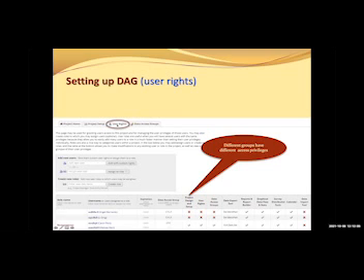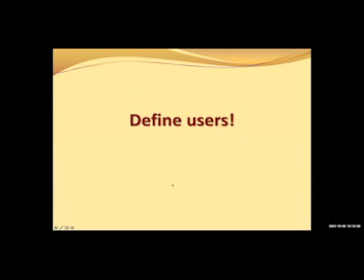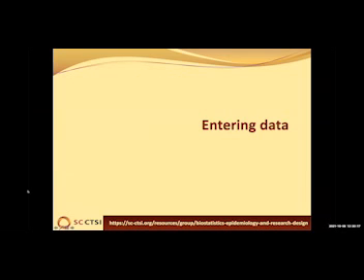When you go to user rights, you can see each user has their own user rights, and if you assigned them to a specific group, it will show right here. So different groups will have different access privileges. Entering data.